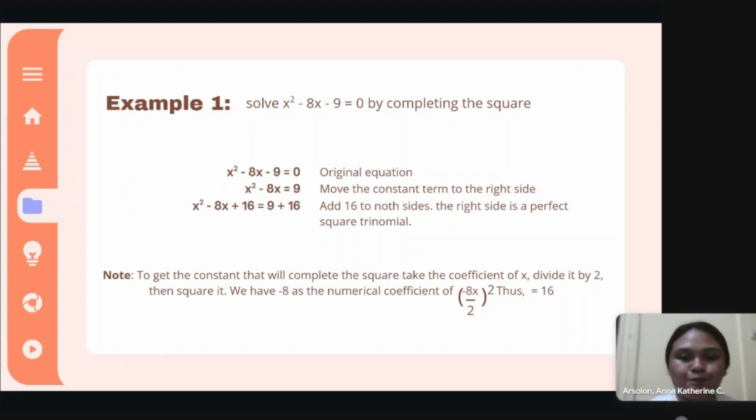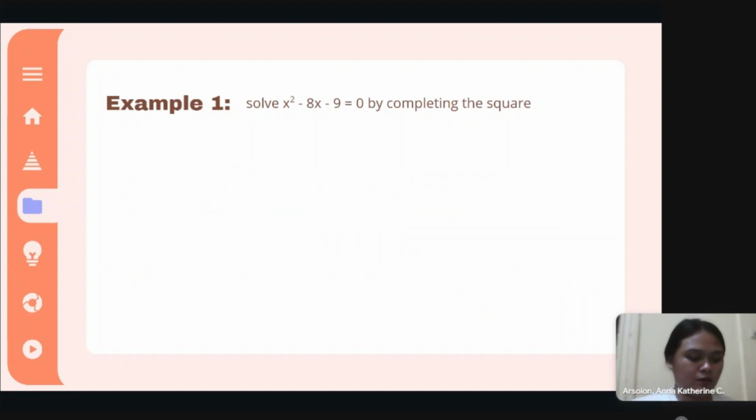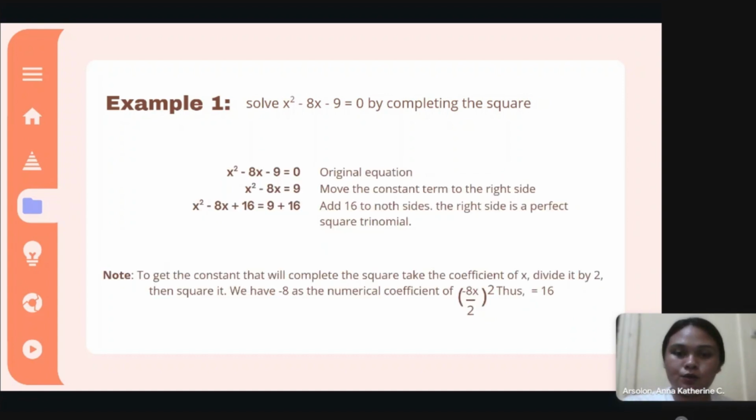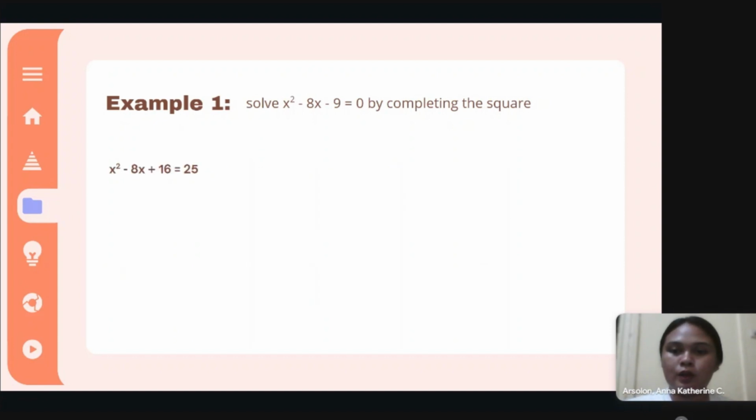So we take the coefficient of x, divide it by 2, then square it. We have negative 8 as the numerical coefficient. So negative 8 divided by 2, squared, gives us 16. That's why we added 16 to both sides to balance the equation. Since we also added 16 to 9, we get 25 on the right side.